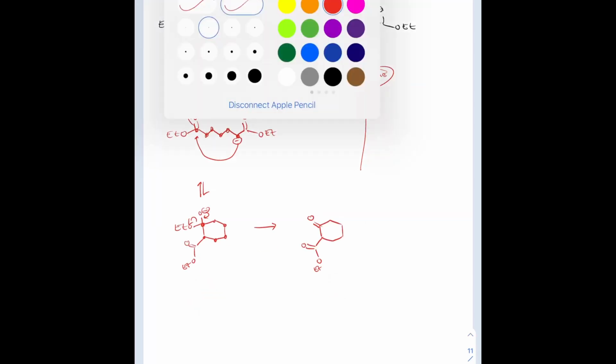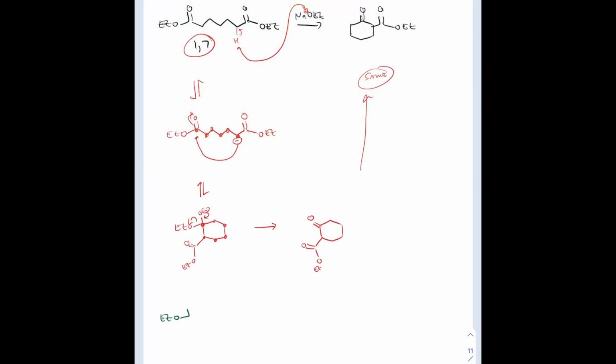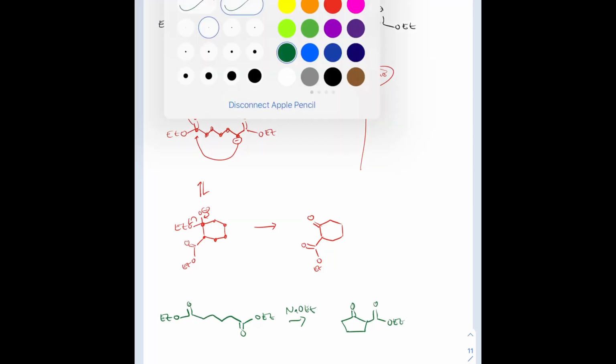After we lose the ethoxide, we get a ketone on the ring and then an ester coming off of it. So the way I've drawn it in red is just a little bit different than the final product on the right, upper right in black. Just flip it over and it's the same thing.